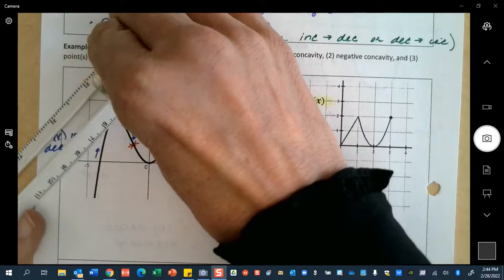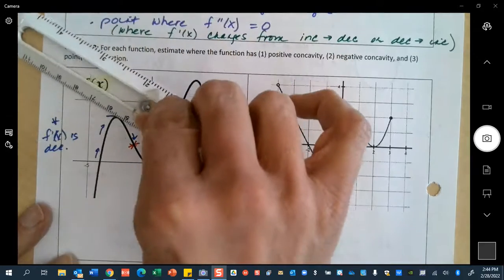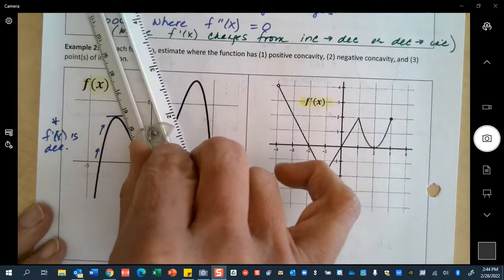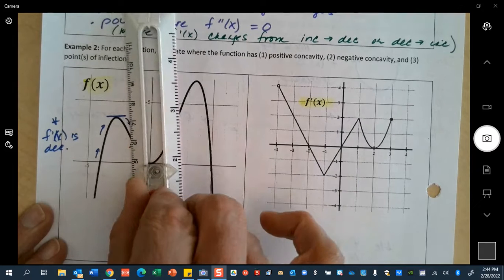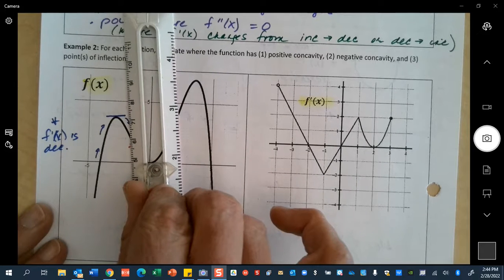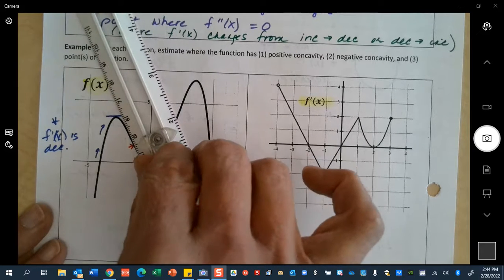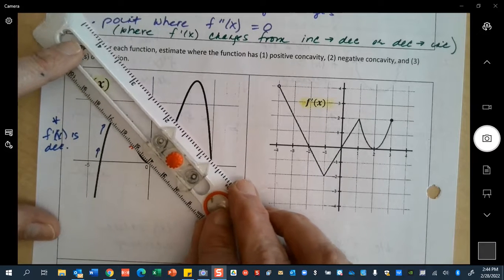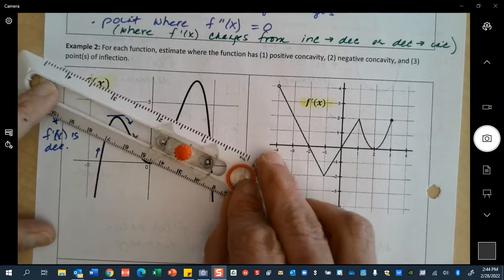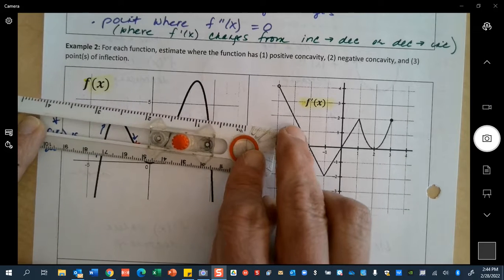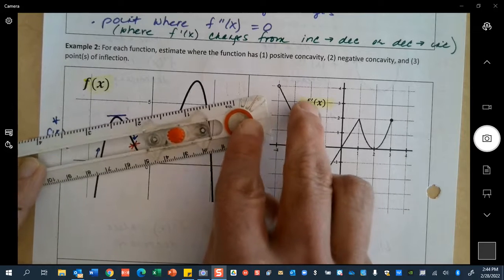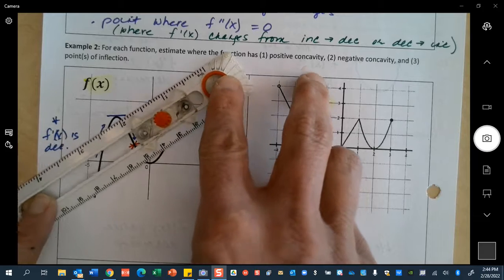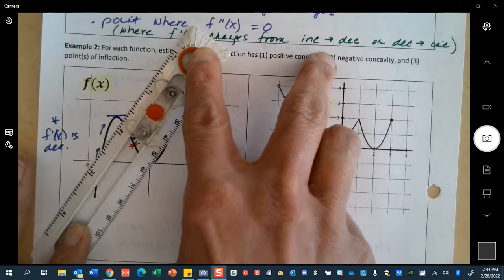So instead of it growing more and more negative, instead of it going down like this, it changes right around that red star, doesn't it? Because now, wait a minute, what's happening? I'm getting less negative. I hit 0. And now all of a sudden I'm getting positive.